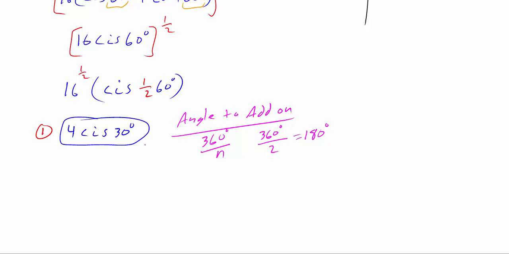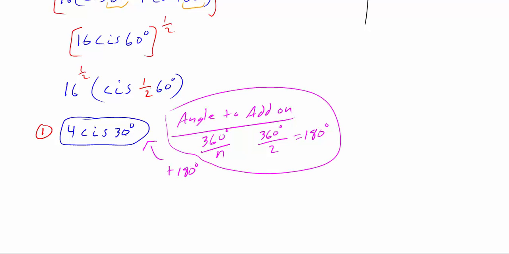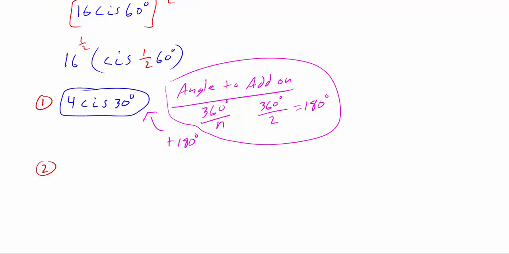So we're simply going to add 180 degrees to the 30 degrees. That means our second root would simply be 4 CIS, and then 30 plus 180 is going to be equal to 210 degrees. So there's our two answers.